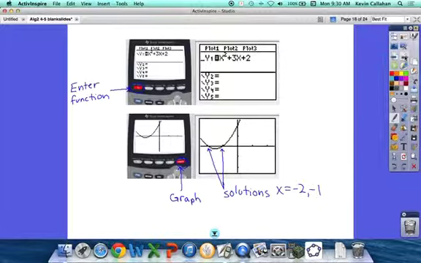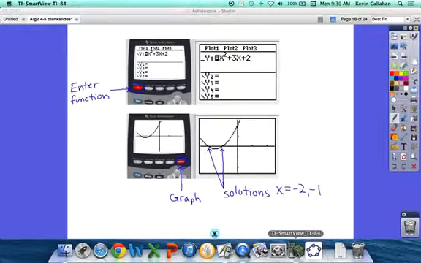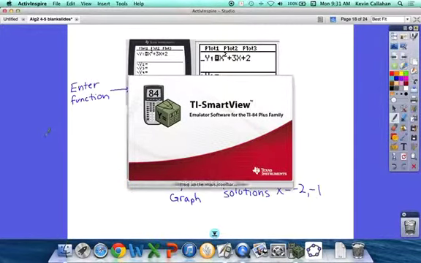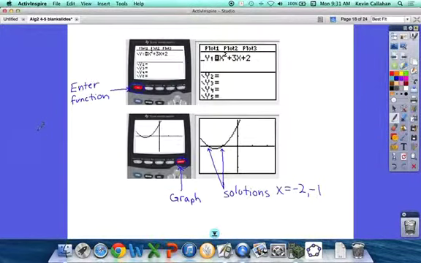Now, your calculator probably doesn't have the same window as the one that I'm showing you. Here, I zoomed in. So if you graph it and it doesn't look like this, do a zoom, which is this button right here, zoom to, enter, and you'll see that.